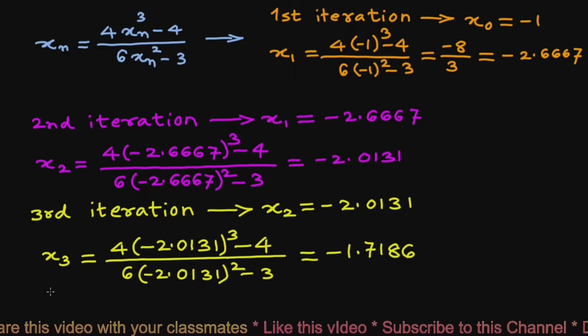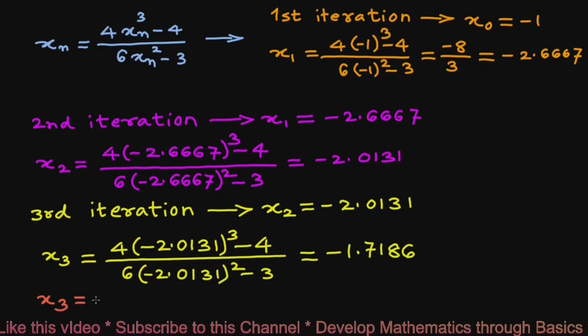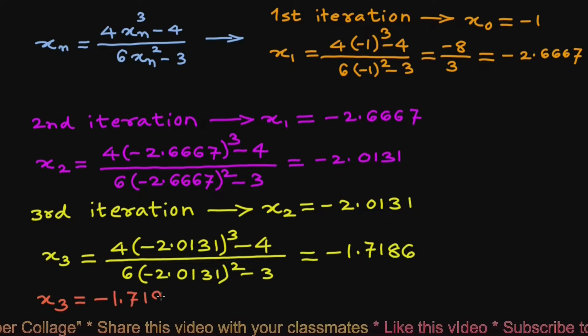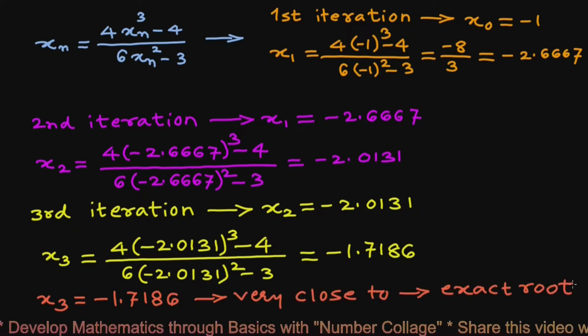So after the third approximation, we get the approximate root x3 equals minus 1.7186, which is very close to the exact root.